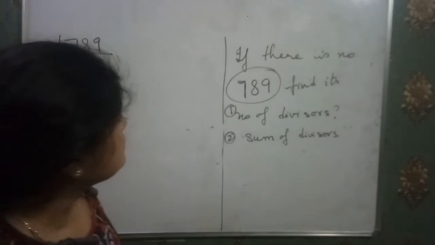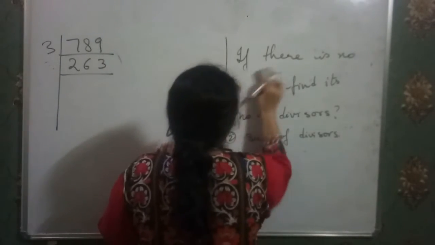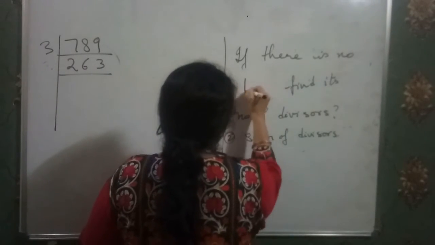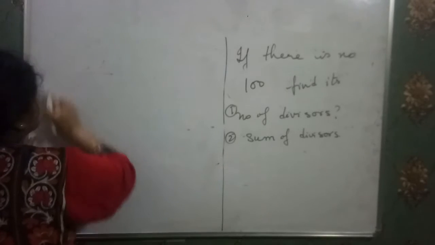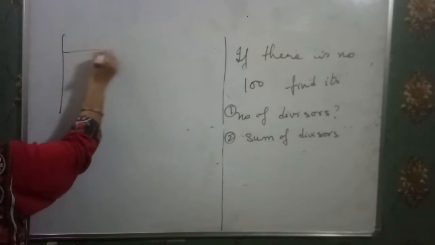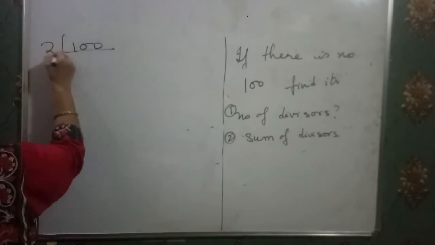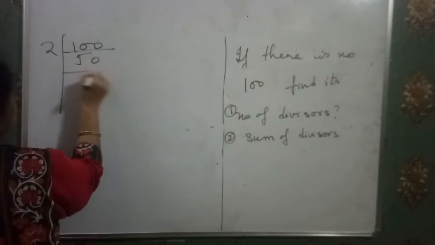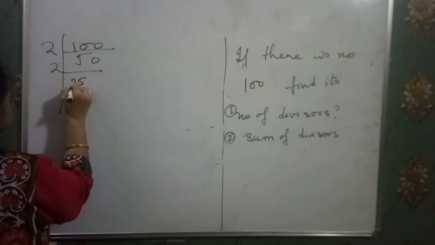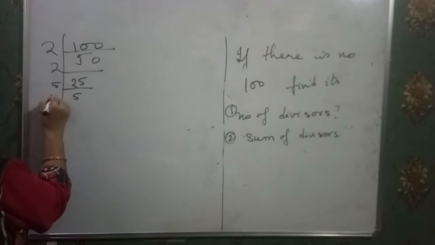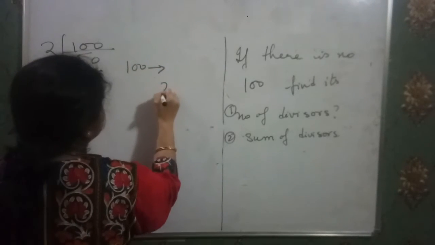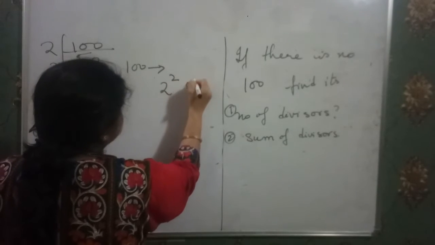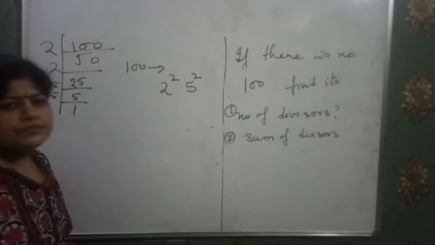I will take another number. For example, I have a number like this, 100. Okay. So we just take the prime factorization of that number, 100. 2 5s are 10. Then 25. Then 5. Then 5. So we have its factorization 2 to the power 2, 5 to the power 2.